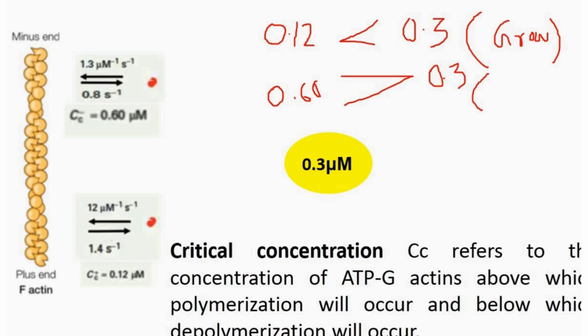Therefore, the minus end will shrink, or depolymerization would occur. Thus, polymerization and depolymerization are possible on both ends, but it is the critical concentration and the interplay of the external salt concentration which determines that above the critical concentration polymerization will occur, and below it depolymerization occurs.